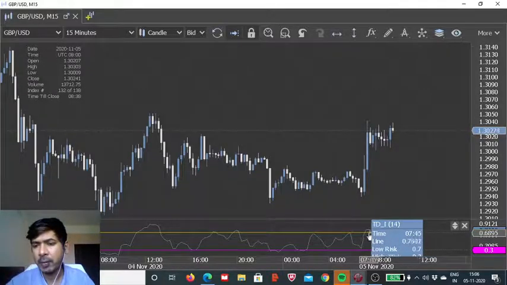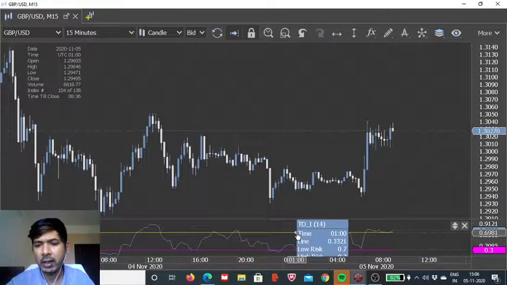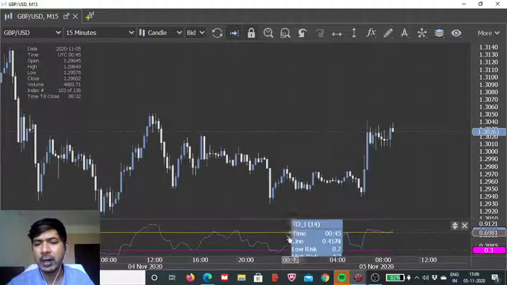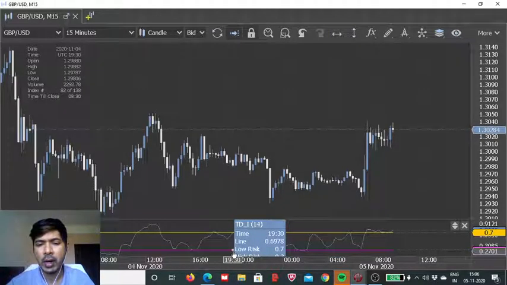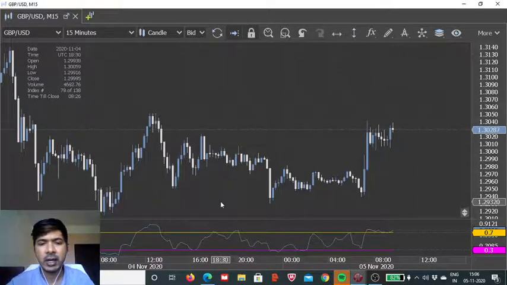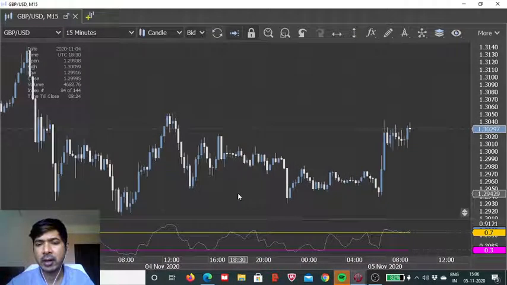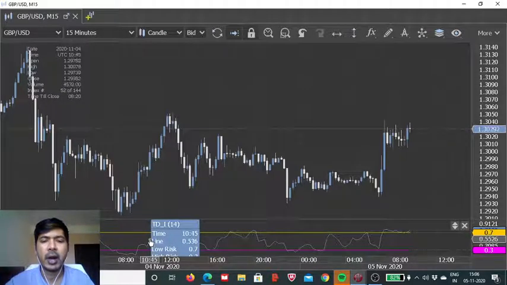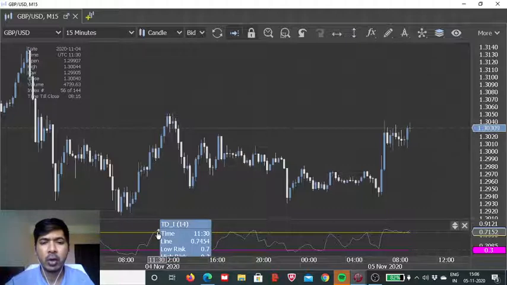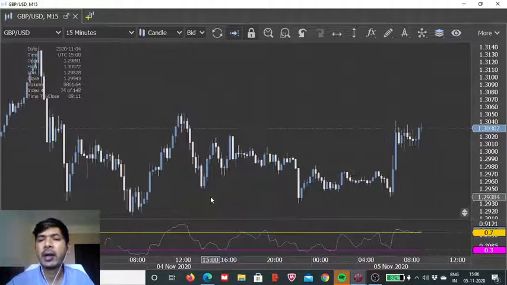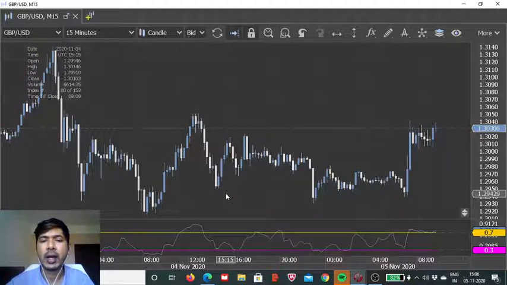Now this upper line, the yellow line, is called the low risk line, which is defined at 0.7, and the lower line, the pink one, is called high risk. The basic functionality of this indicator is that whenever we see that the output line has crossed above the low risk zone, that means the underlying instrument's volatility is now likely to subside.